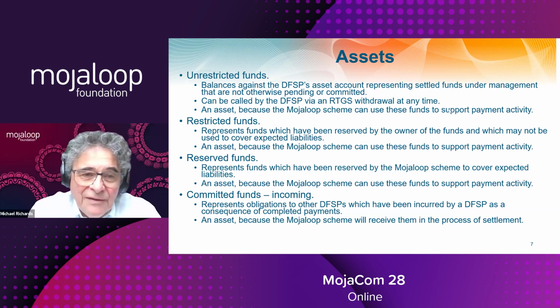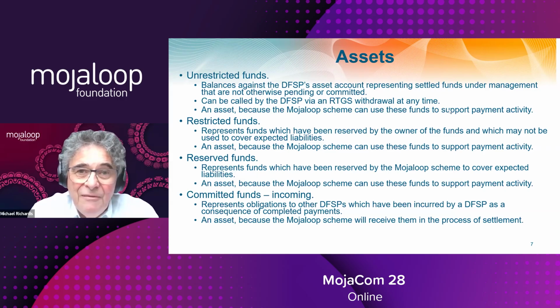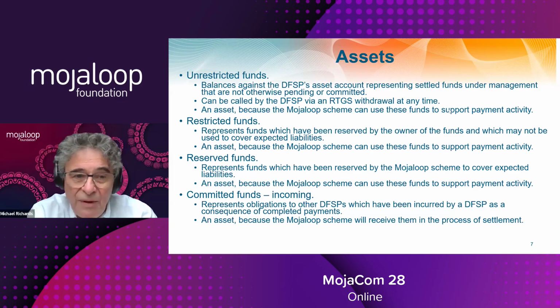Now, unrestricted funds are the funds which the DFSP says may be used to support its activities. So those are effectively the funds in the net debit cap. They can be moved back and forth at any point.